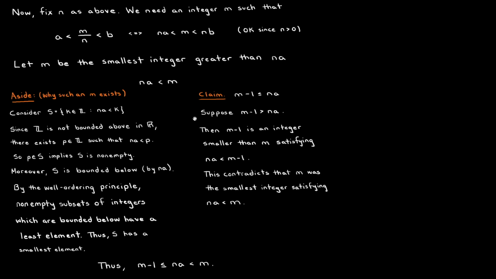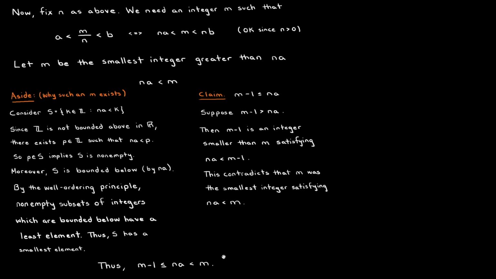To see why this is true, let's suppose for contradiction that m minus 1 happens to be larger than na. Then m minus 1 would be an integer which is strictly smaller than m, but also greater than na. This would contradict the fact that m was supposed to be the smallest integer satisfying this condition. Therefore, m minus 1 should be less than or equal to na.